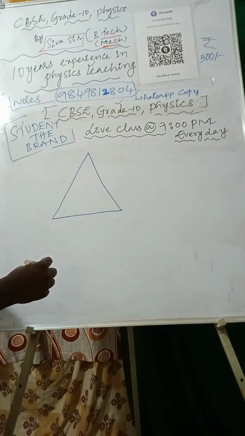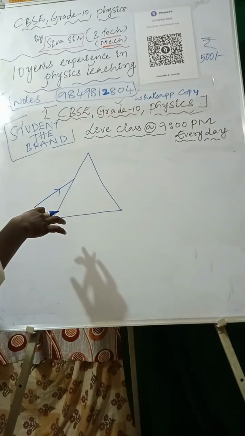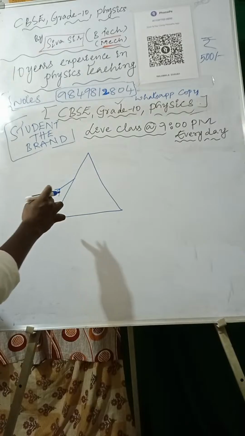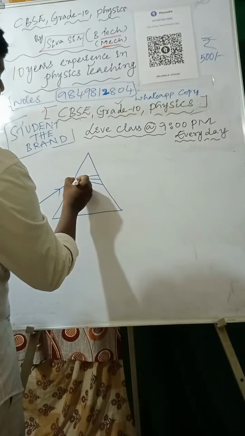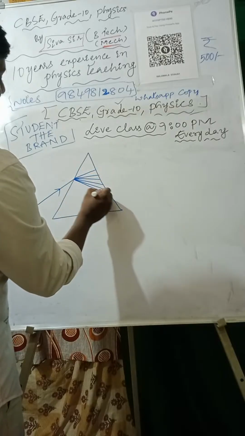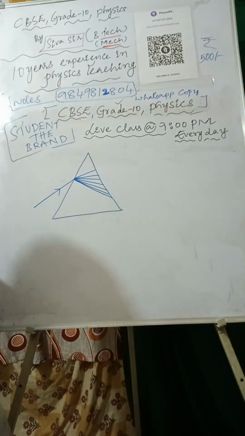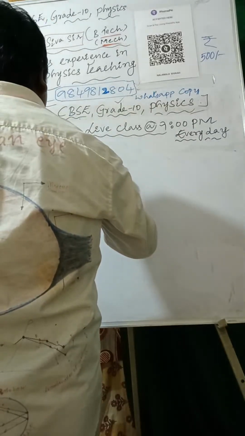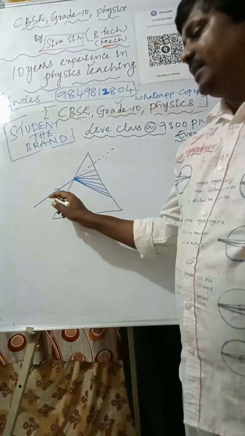While I am taking the light ray, this is the incident ray, and this is the direction of the incident ray. After that, dispersion of light takes place, giving 1, 2, 3, 4, 5, 6, 7 colors.